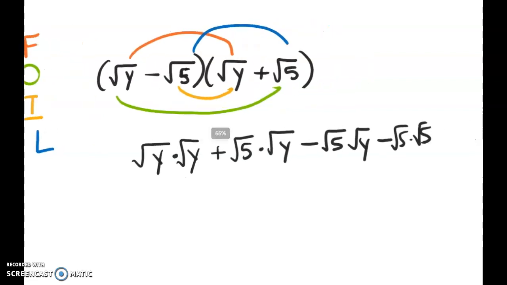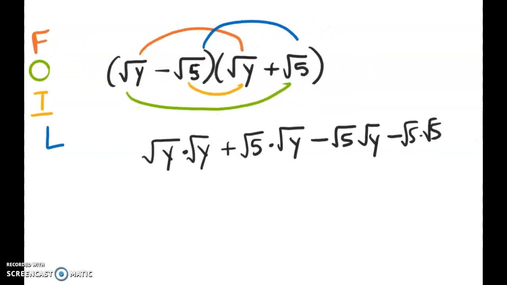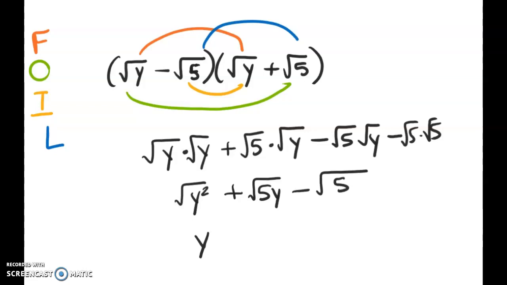So let's see what we have here. The square root of y times the square root of y, well, that would be y times y under the radical, and the square root of y squared is y.